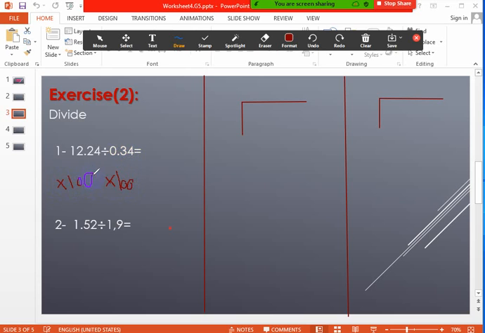Also, I have to multiply the dividend with the same number. Now, 12.24 multiply 100 equals what? I have to move the decimal point 2 digits, so the number becomes what? 1,224.